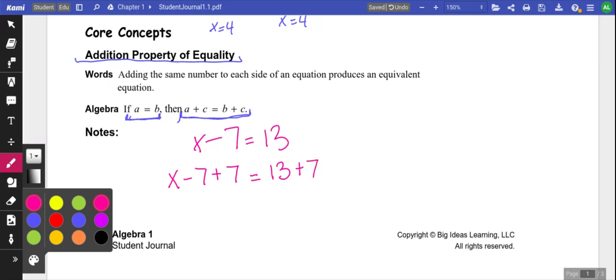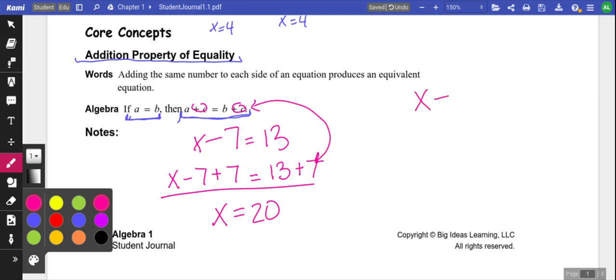I just wrote it like this so it looks like it does here in the theorem. I added 7, just like adding c to both sides. Negative 7 plus 7 is 0, so this is just x. 13 plus 7 is 20. Now, most of you are pretty sure you're not used to seeing it like this, and I don't really expect you to write it out like this.